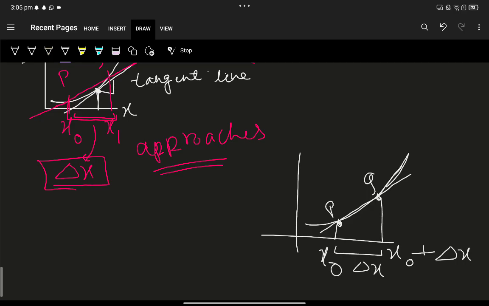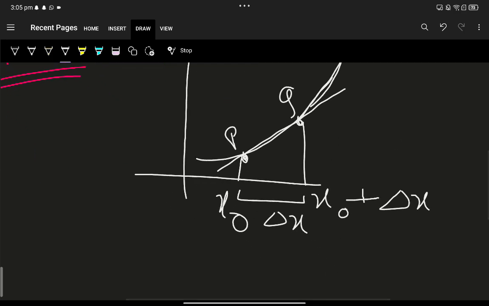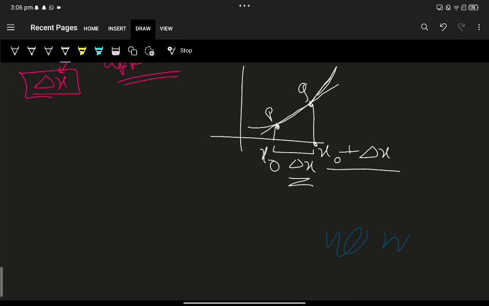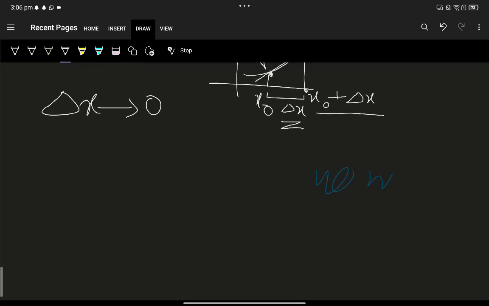I hope you are trying to understand this. If I consider this change as delta x, then this value will be x naught plus delta x. And as this distance between the two points reduces, as delta x approaches 0, I can actually get the tangent line right over there.